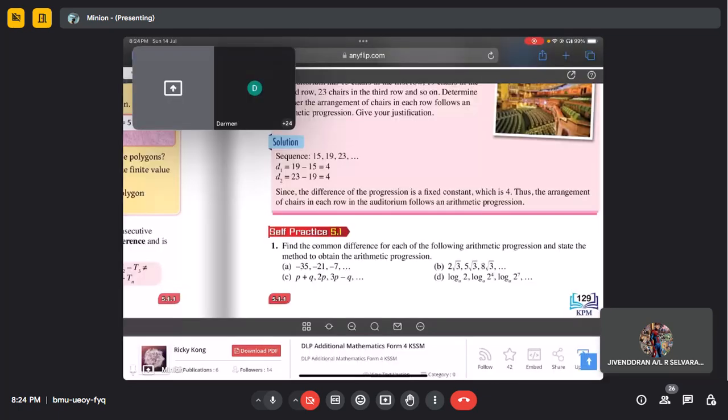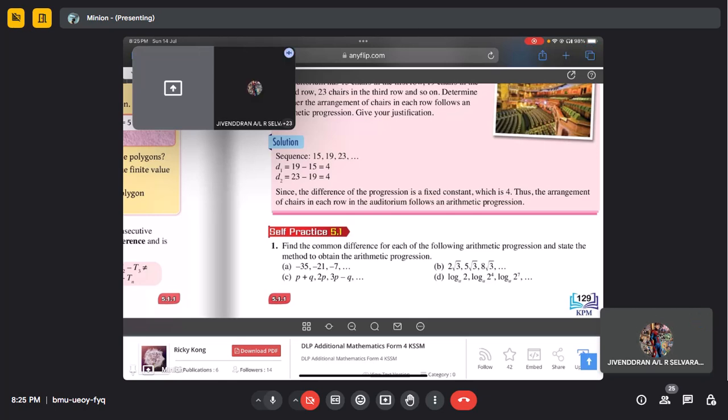A, it's an arithmetic progression. Any specific explanation you want to add in? Why is it an arithmetic progression? I found the common difference, which means I have to minus the second term with the first term, so that I can get the pattern.